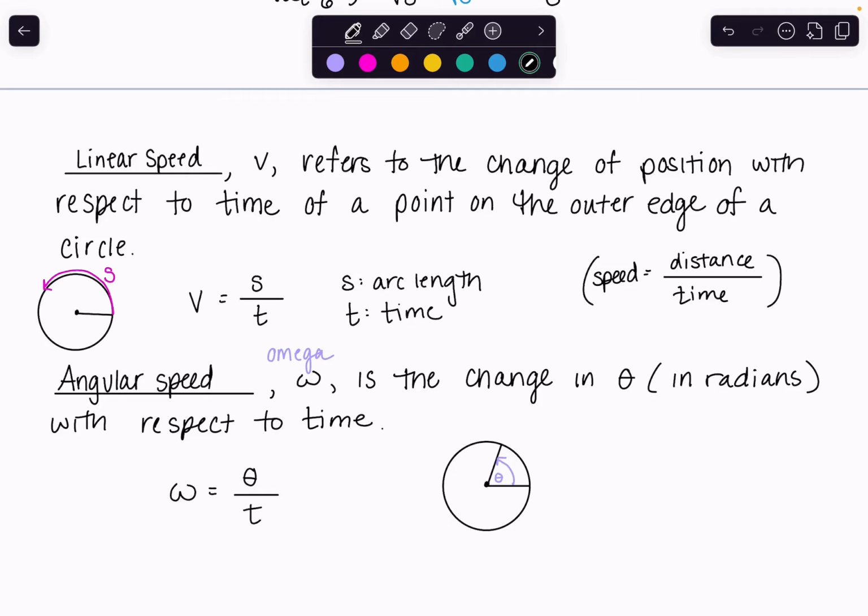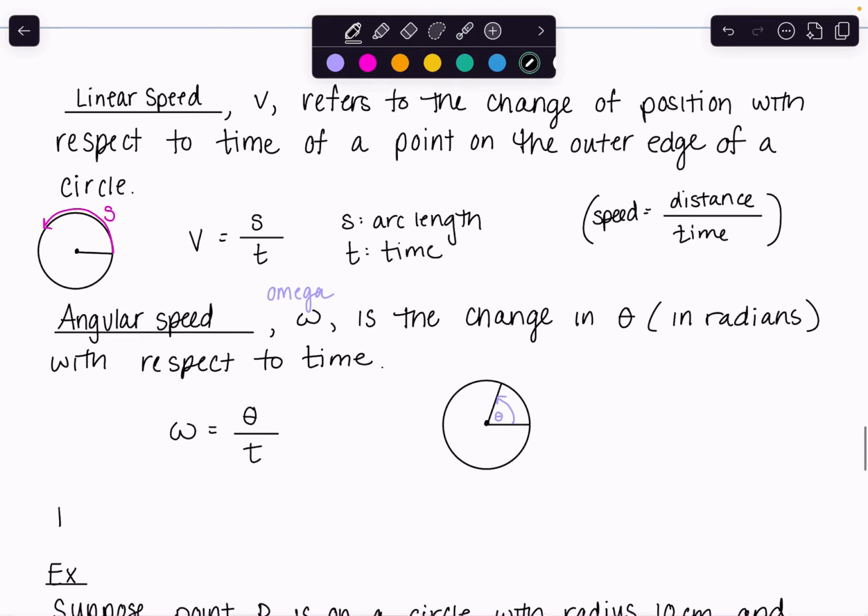So one thing that does happen is there is a simple formula that results from this as well. If I look at my linear speed, that is also related to how fast my angle is being created. So there is a nice connection between the two, because we know our arc length is written in terms of the angle.